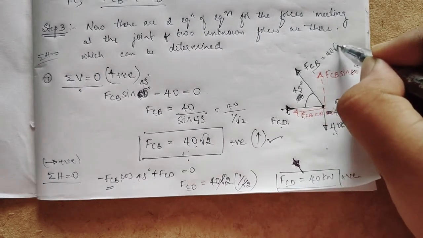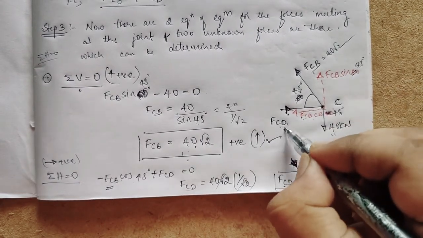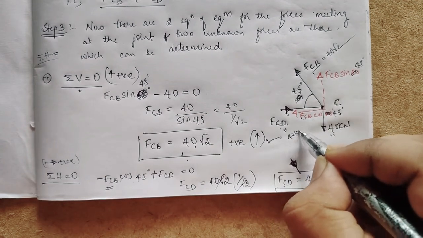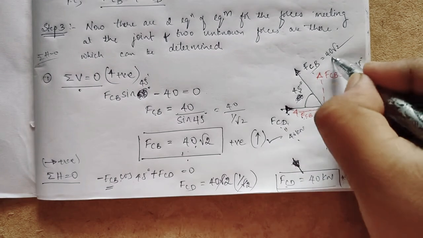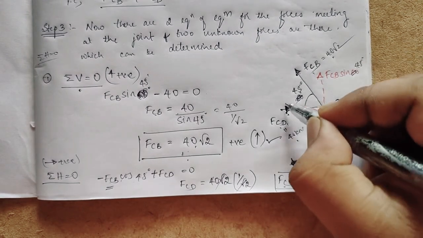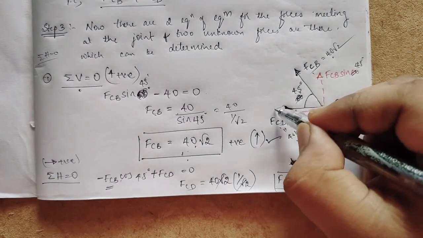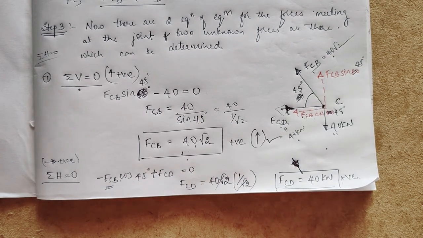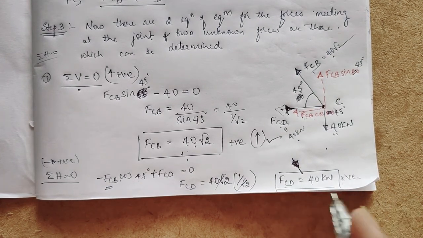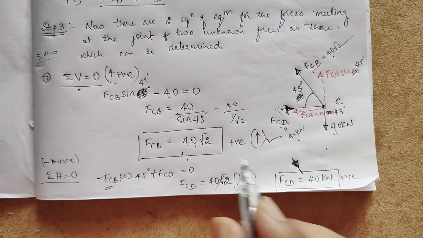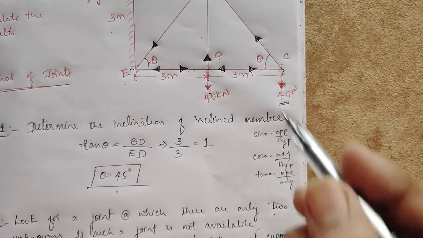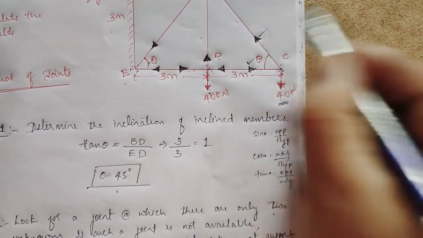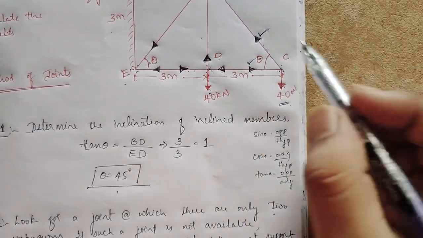FCB is 40 root 2, FCD is 40 kilonewton, and the assumption is also right. The answer came positive, so the answer is right. If suppose it came negative, what should we do? We should draw the diagram again and show this in the other way. But negative did not come, no problem. So FCD and FCB we found. So this force we already found out.